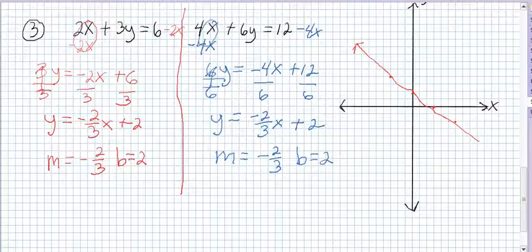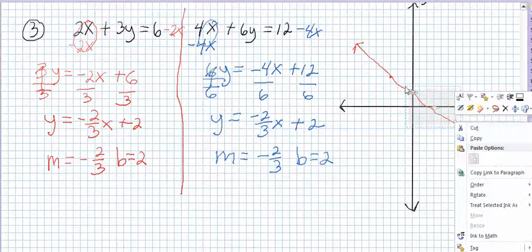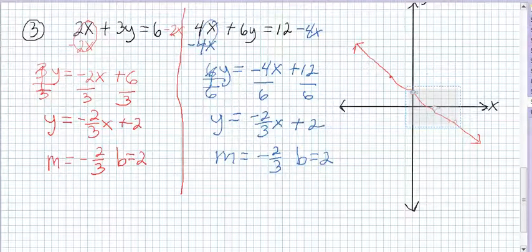Okay, I'm going to go back up now, change my color. I've got my b, which is also 2, so I'm going to go back here to 2. And now my slope is going to be down 2 over 3, down 2 over 3. And what do you notice? We're exactly ending up on up here, up 2 and over negative 3. We're ending up on the same line.